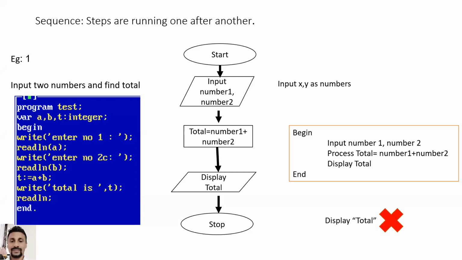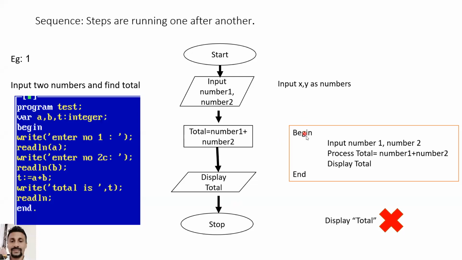That's what we have emphasized there. Then total equals number one plus number two. Look at the symbol I have used: this is a process box. So I am using the process box to calculate my value. Then I am using display total, that is again an input output box, to display the total. Then stop.